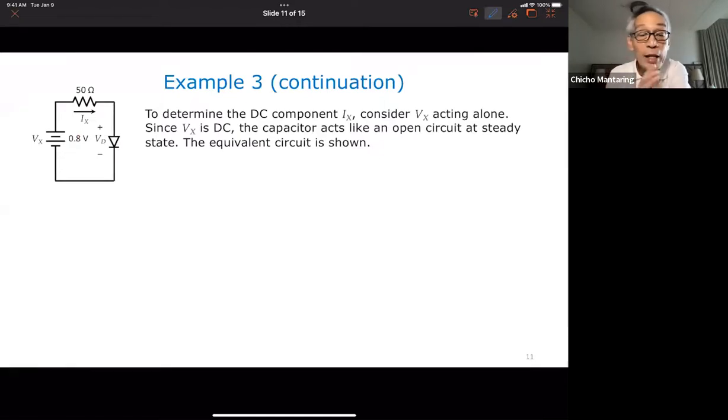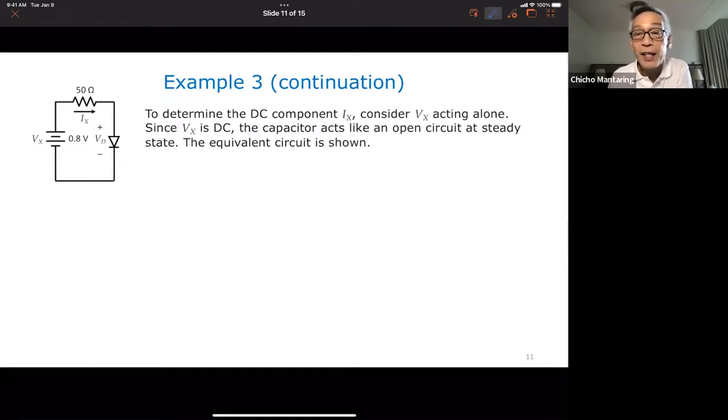Okay, I'm doing now large signal analysis. I have to compute for I sub X, capital I, capital X. Now, how do I do that? Two ways. One is, if you want to do an approximation, pwede, no? You can use the piecewise linear model of the diode. So pag ginamitan ko ng piecewise linear model ng diode, what is the value of I sub X? Let's assume the diode is silicon.